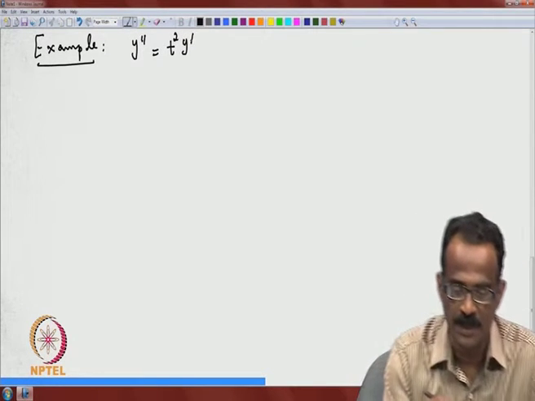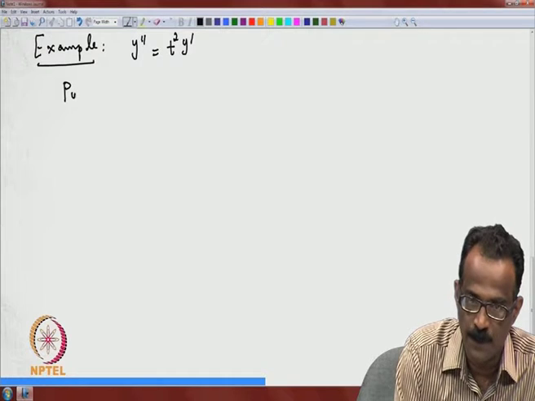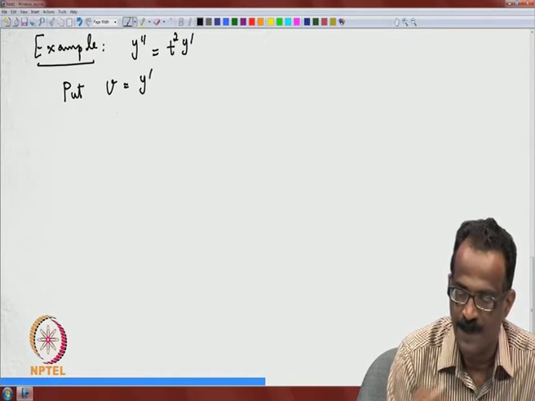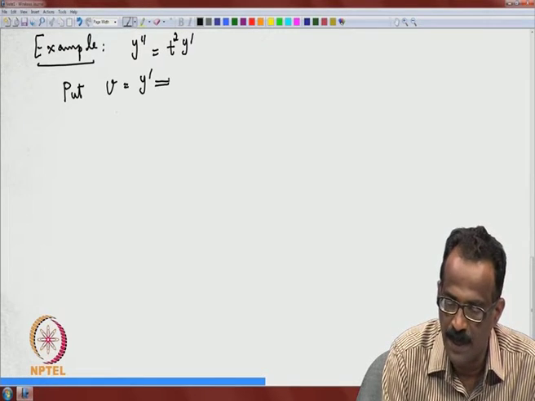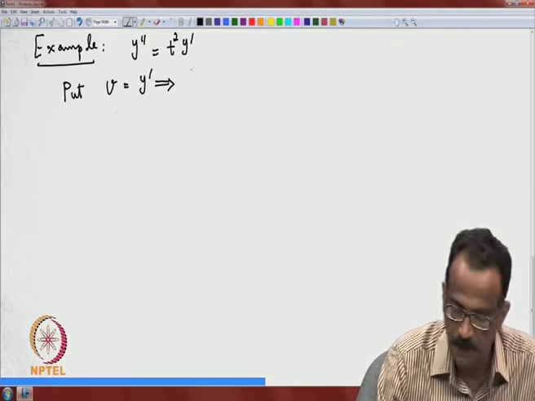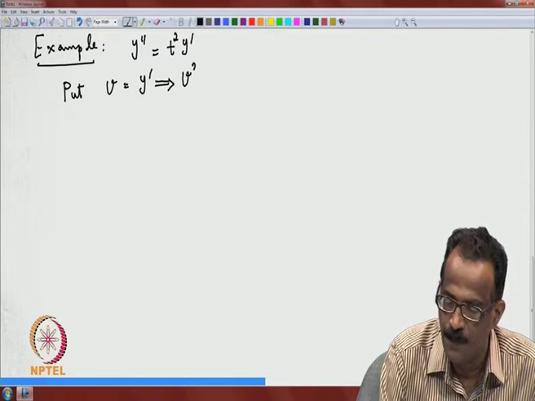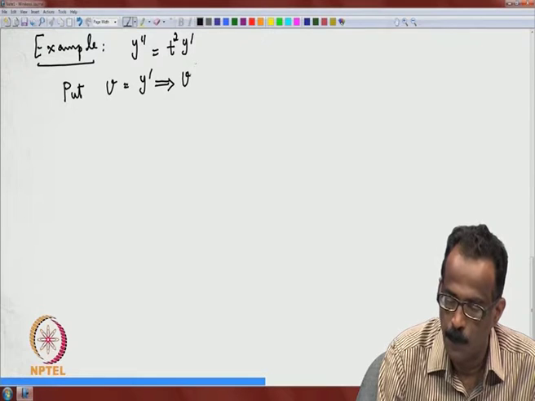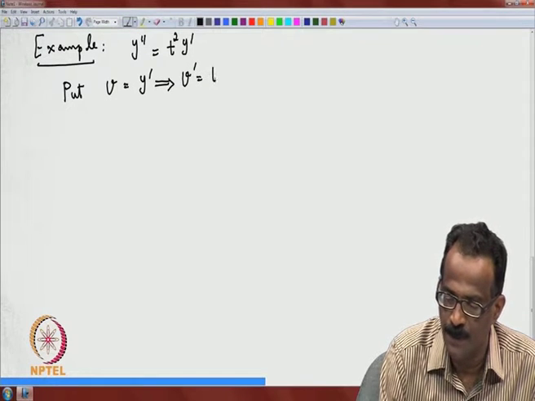Suppose you have a simple equation of this form; what you do is put v equal to y prime, then this equation will become v prime equal to t square v.